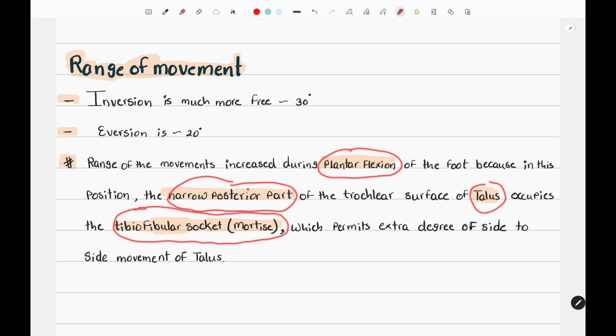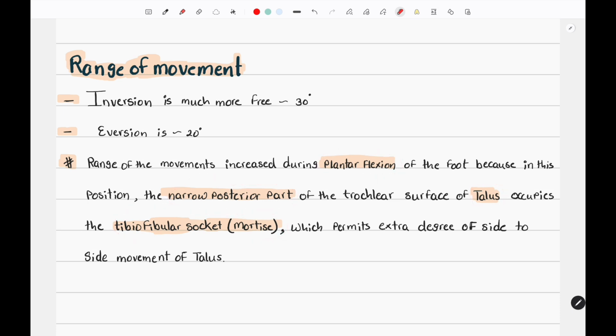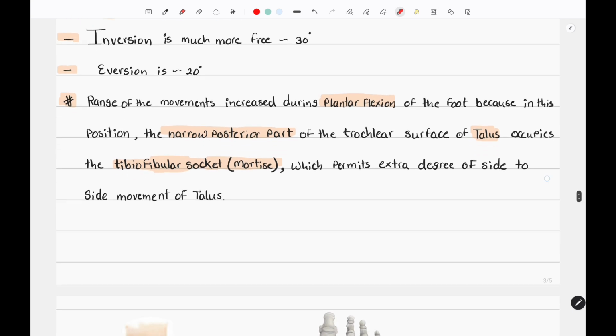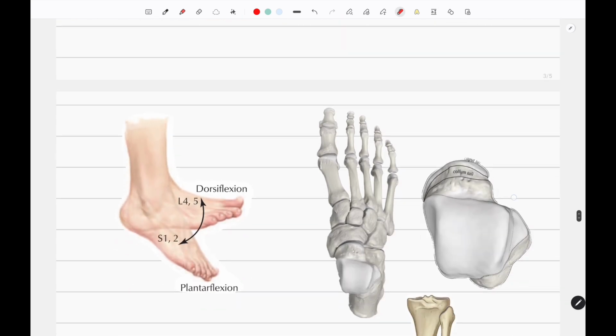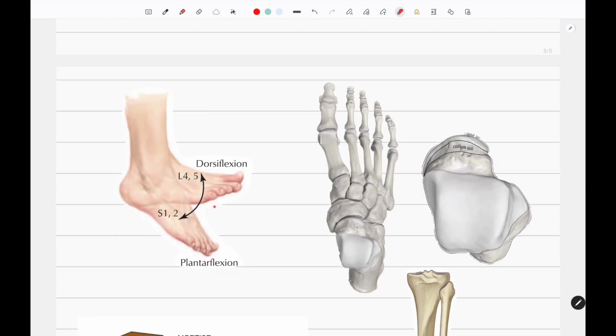You need to have knowledge regarding these four words, then you would be able to understand this point, and this point is also relevant with the clinical relevance. So what is plantar flexion? Firstly, plantar flexion is when the sole is made to face posteriorly, and dorsiflexion is when the sole is made to face anteriorly.